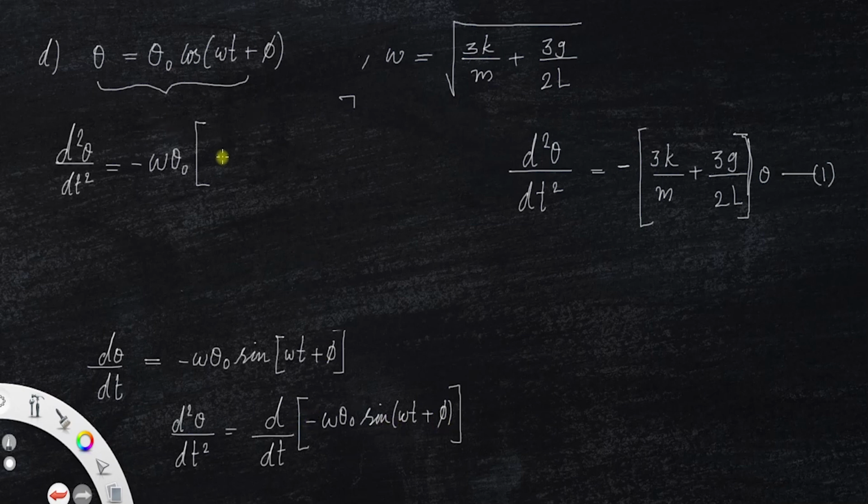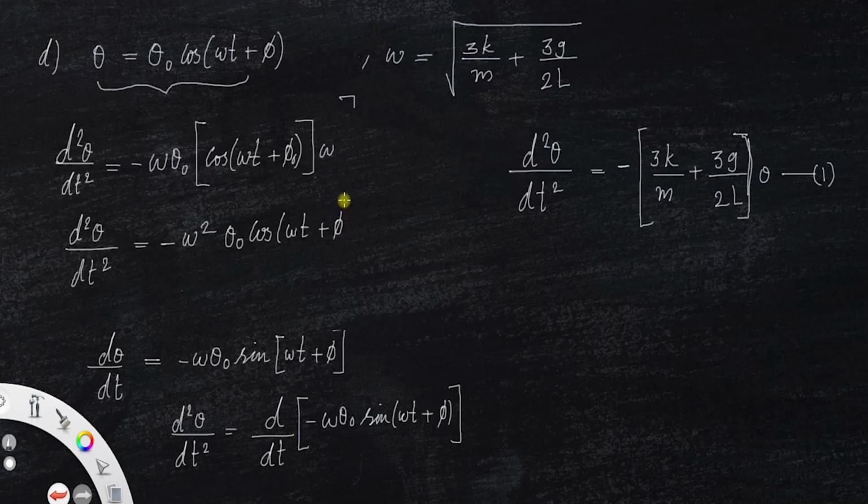The derivative of sine is cos(ωt plus φ) into ω again. So d²θ/dt² is equal to minus ω², this ω into ω is ω², θ0 cos(ωt plus φ). Clear? Again, if you look at this equation, that is our θ, so we can write d²θ/dt² is equal to minus ω²θ.